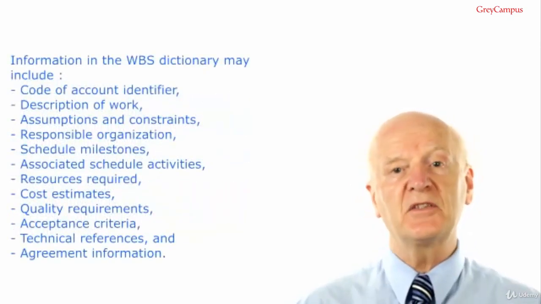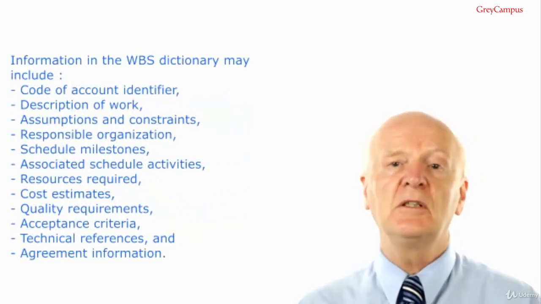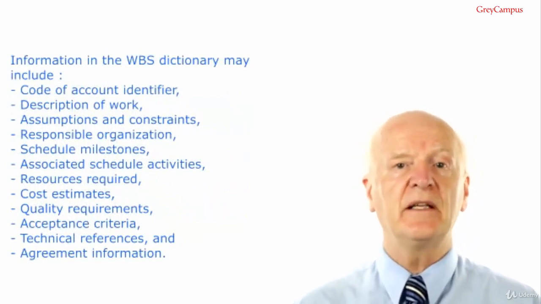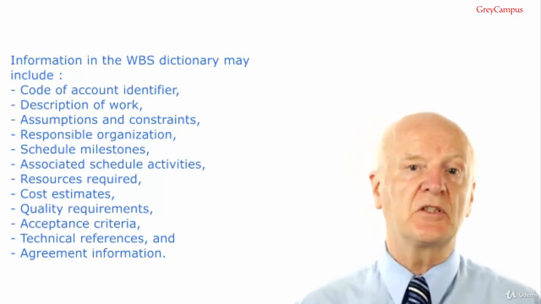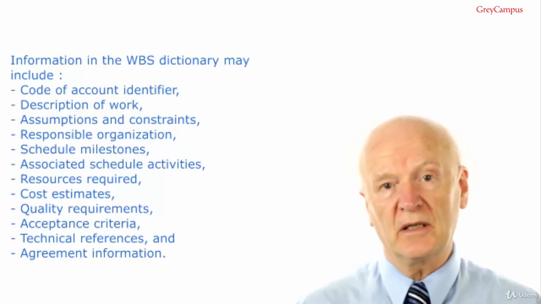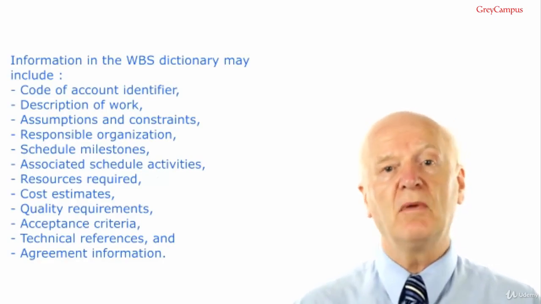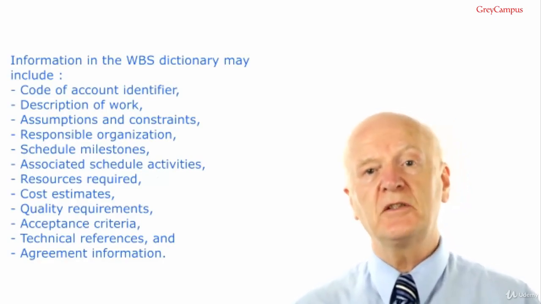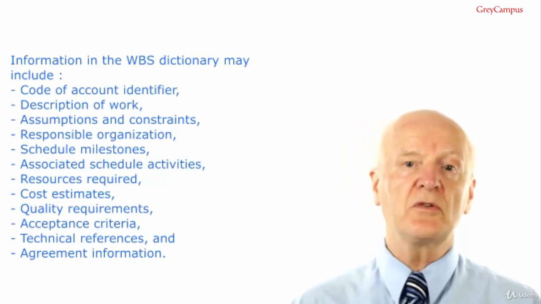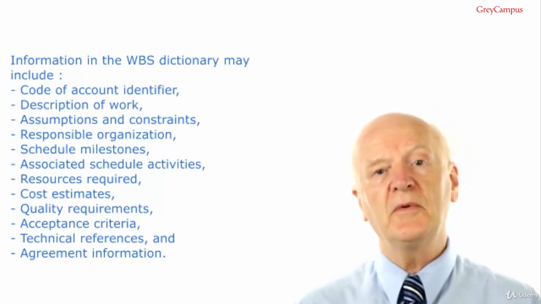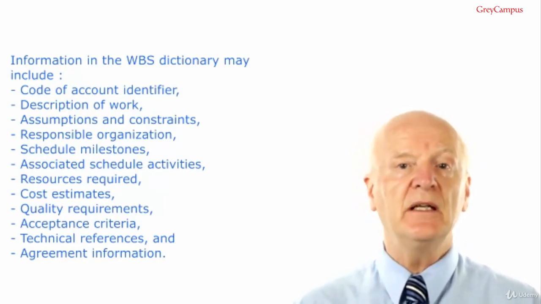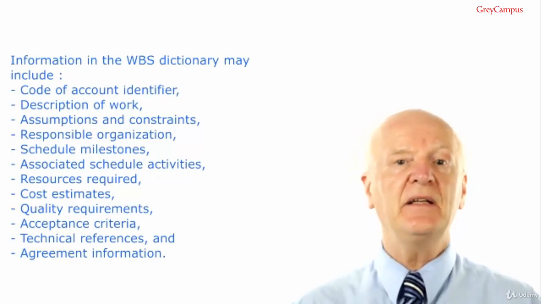Information in the work breakdown structure dictionary may include code of account identifier, description of work, assumptions and constraints, responsible organization, scheduled milestones, associated schedule activities, resources required, cost estimates, quality requirements, acceptance criteria, technical references and agreement information.